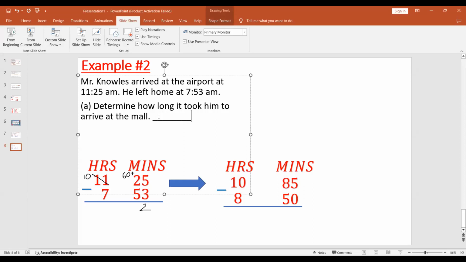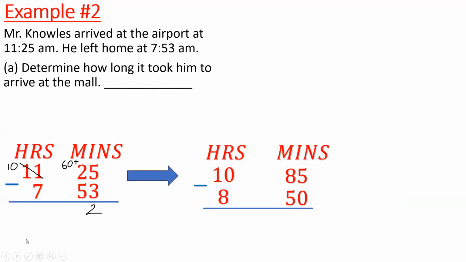Now, how is it going to become 85? Because we add the 60 and 25. Very good. So two things are true, and they remain true. 1 hour is how many minutes? 60 minutes. Very good.